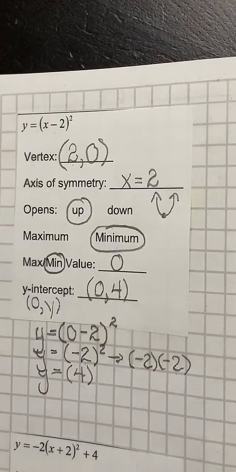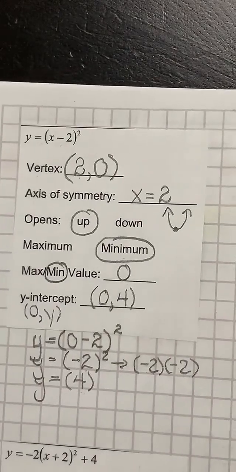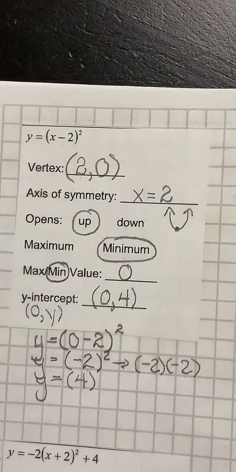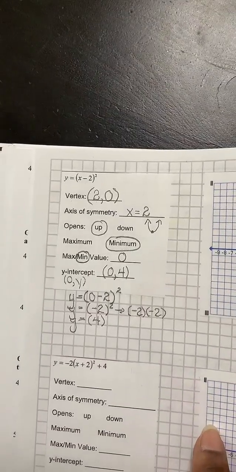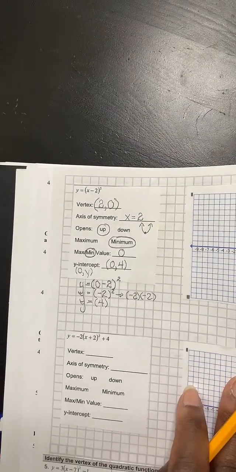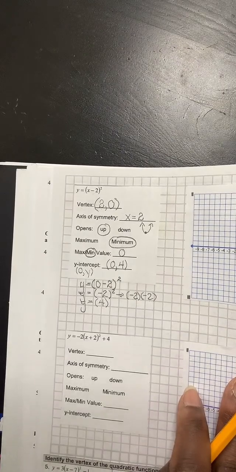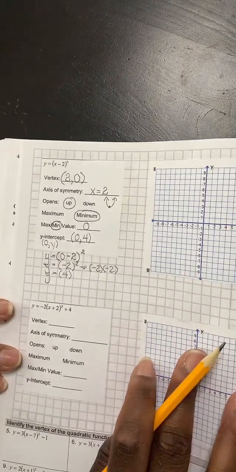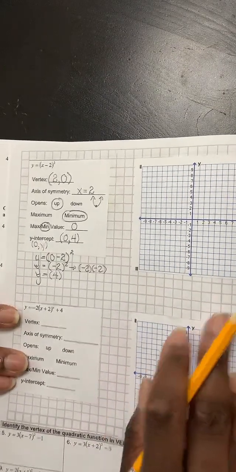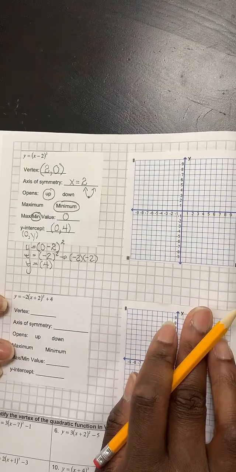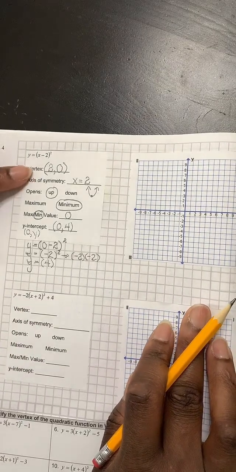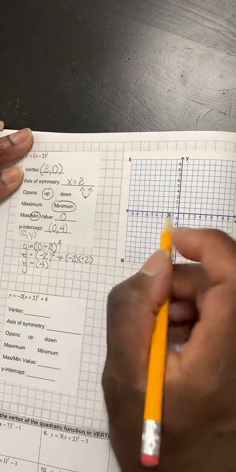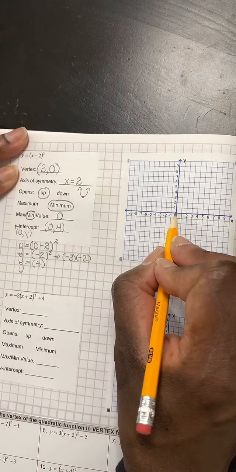Okay. Now, we have all of this information. Let's plug it into our graph. As I slide this over, my vertex is 2, 0. So I'm starting here at the origin.